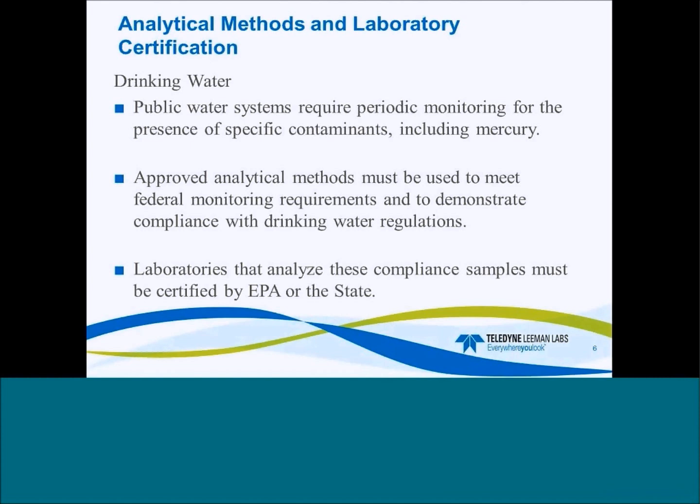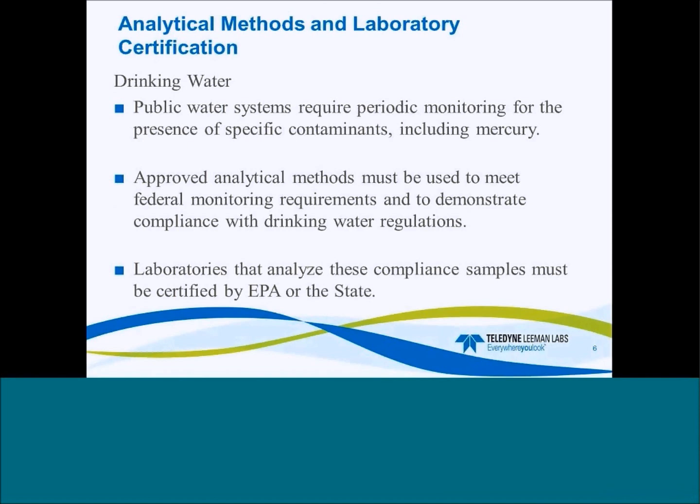Private wells that service less than 25 people don't fall under this Safe Drinking Water Act, but larger usage does. The methodology that has to be used is very specific for drinking water, and we'll get into that on the next slide, I believe.